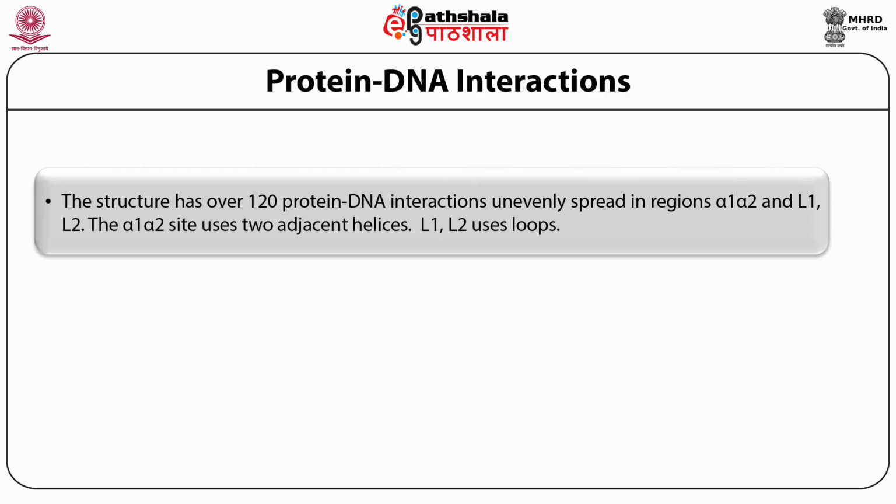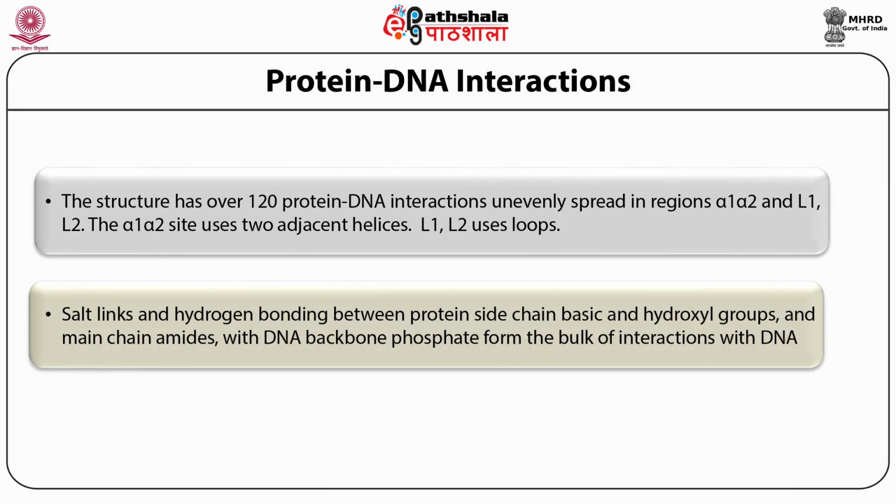The alpha 1, alpha 2 site uses 2 adjacent helices, whereas the L1, L2 site uses 2 adjacent loops. Salt links and hydrogen bonding between protein side chains and basic and hydroxy groups and main chain amides with DNA backbone phosphates form the bulk of interactions with DNA.